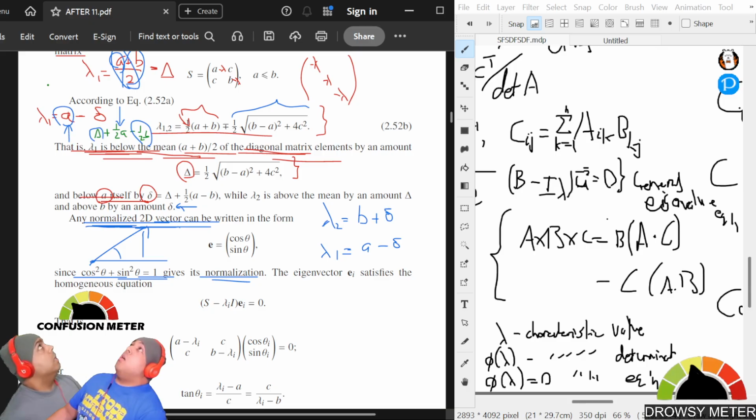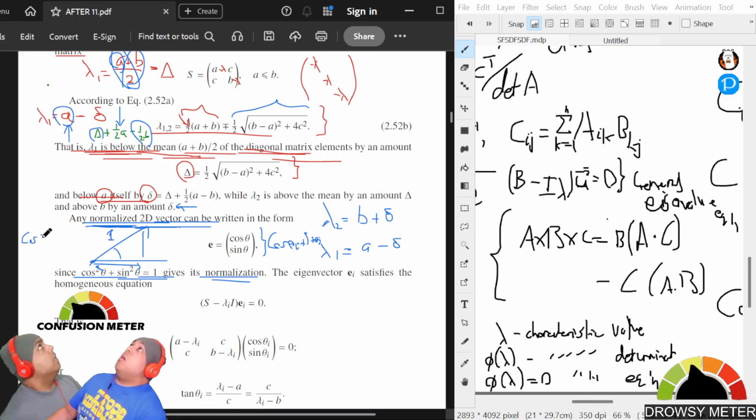Okay. Any normalized 2D vector can be written in the form cos theta i plus sine theta j. So the i direction is cos theta. This is 1, this is 1.